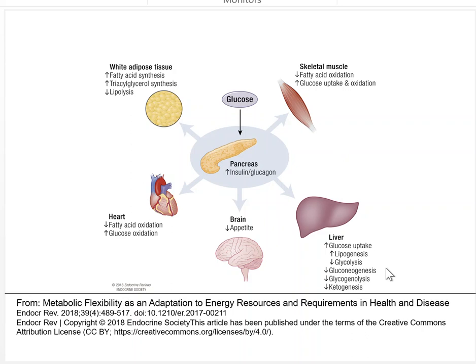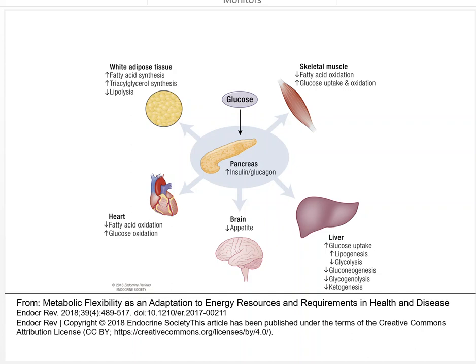And we also will see a decrease in glycolysis in the liver, which means that the breakdown of glucose as a fuel source goes down. Typically glycolysis is the breakdown of glucose by certain enzymes that release energy and something called pyruvic acid. We'll see that go down in the liver.